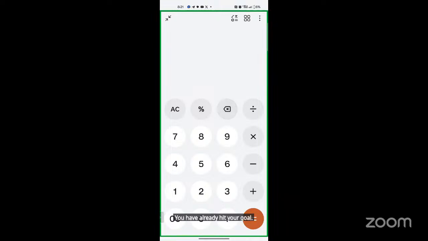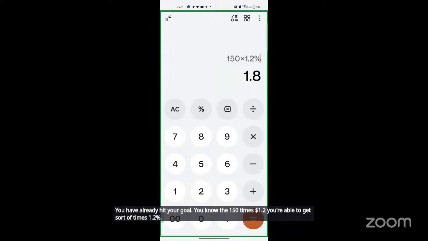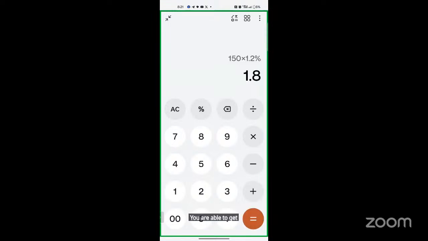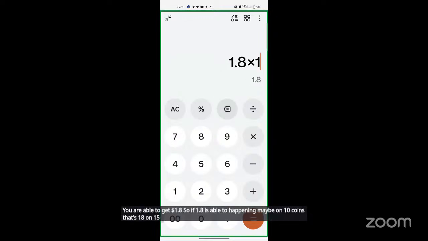The 150 times 1.2% gets you $1.8. If 1.8 happens on 10 coins, that's 18. On 15 coins, that is 27. If you go in for 30 coins, that is $54 a day.